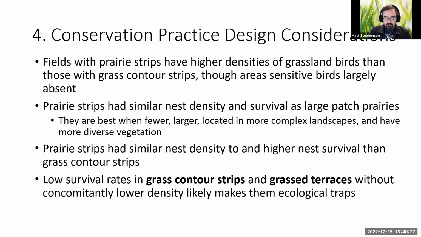Prairie strips had similar nest densities and higher nest survival than grass contour strips. Because the densities were similar to the higher quality habitat, and because the survival was so much lower in grass contour strips and grass terraces, it is likely that these kinds of conservation practices are ecological traps, at least for the species that we studied.